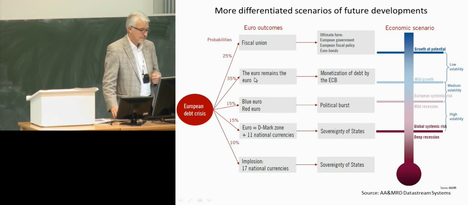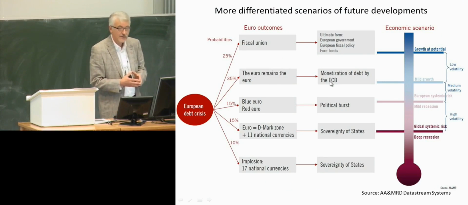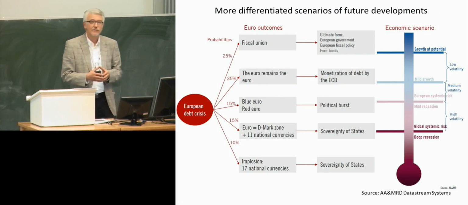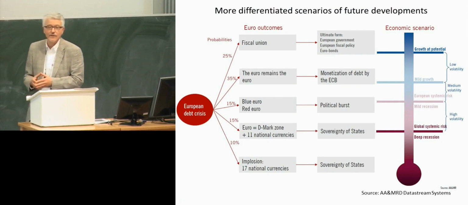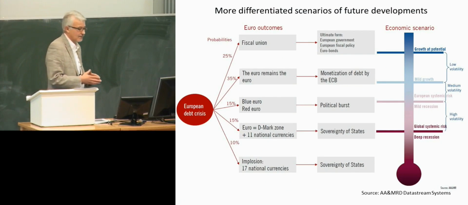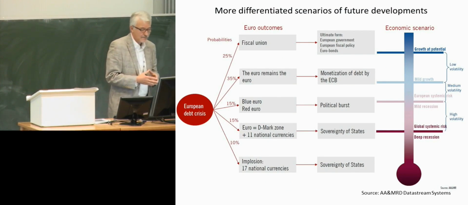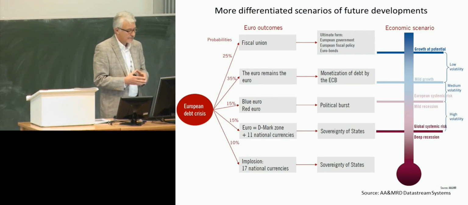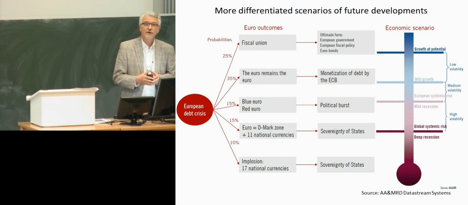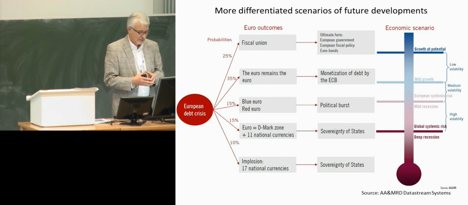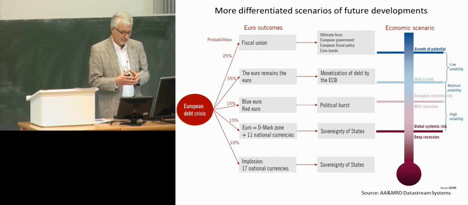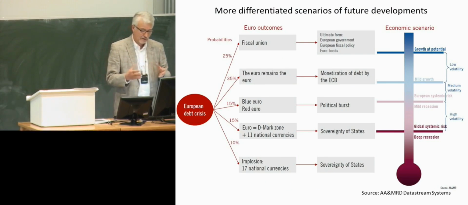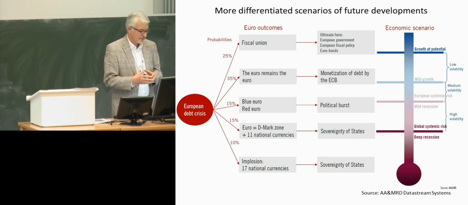Then the monetization of debt by the ECB, the European Central Bank, that's what we have now. The European Central Bank buys bonds from the indebted southern states and saves the euro. 35% mild growth of the European economies as a whole would be the consequence.